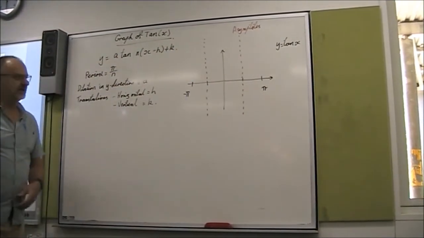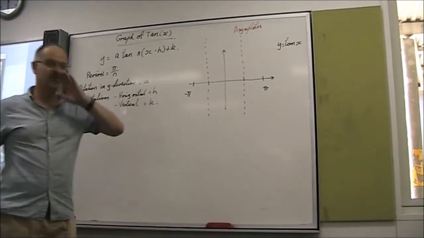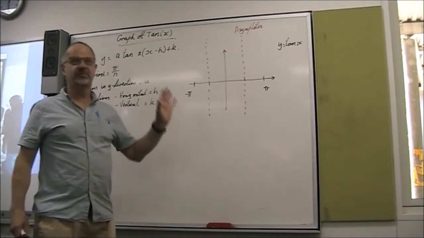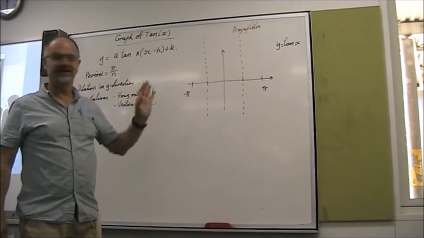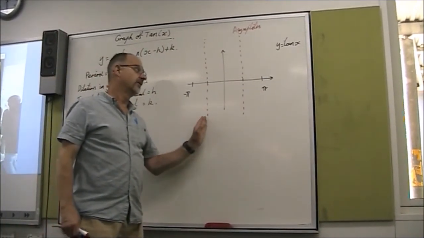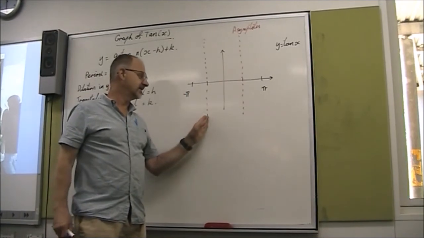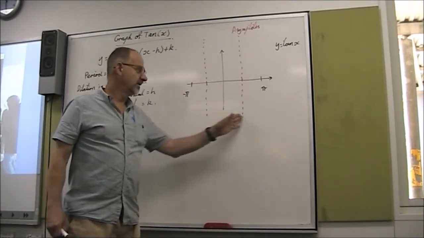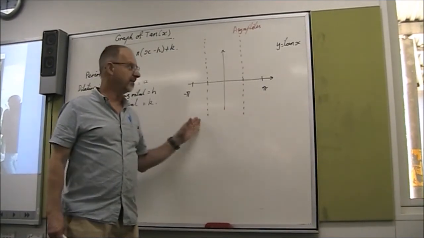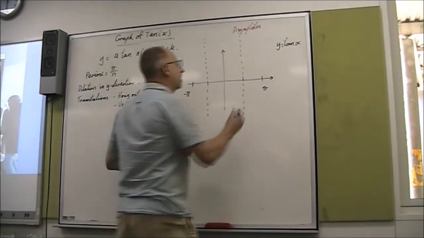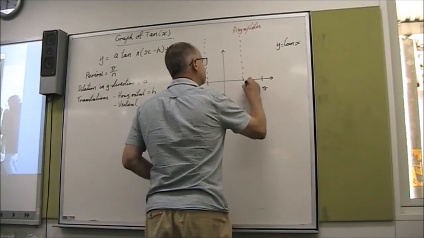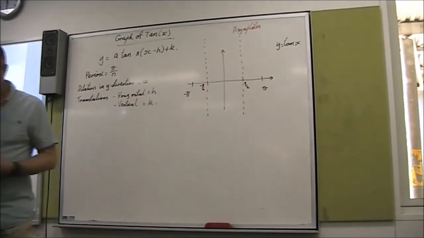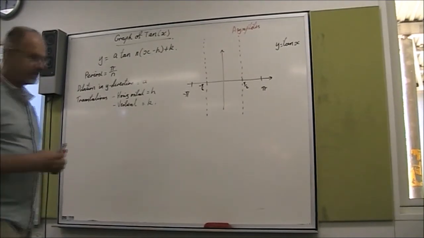Now the key thing, as before, we talk about a period being from one point to the corresponding point in the next cycle. So for your normal standard tan, it's not just a random thing that they're pi apart. So you have pi on 2 and negative pi on 2. The tan of 0 is 0.